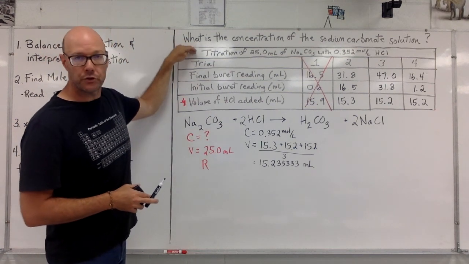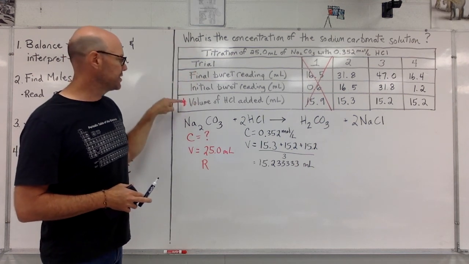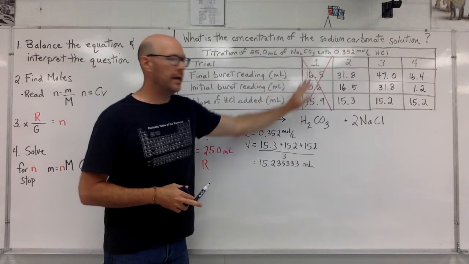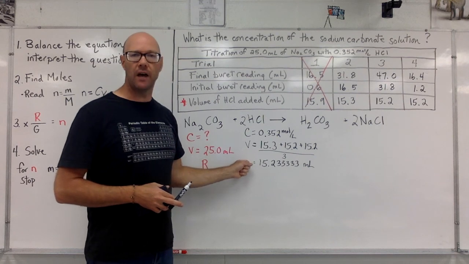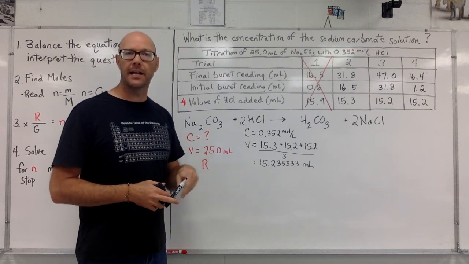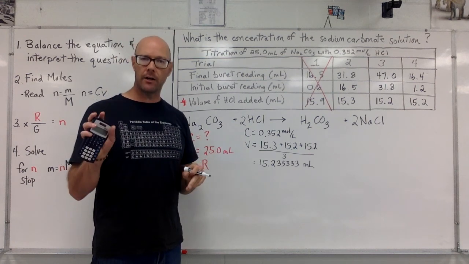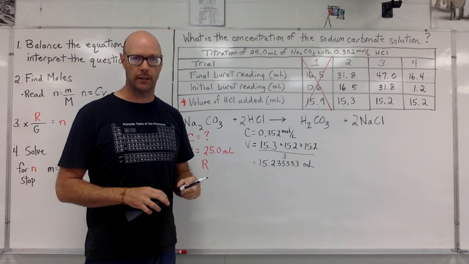Other things we also pulled out of the title of the table. The table itself, it's the volume added that matters to us. We had to omit the first trial and average the other 3 to come up with this value. If we end up with a repeating decimal like we do here, try not to round it off. Keep it on your calculator or find a way to use the unrounded value in your calculation.